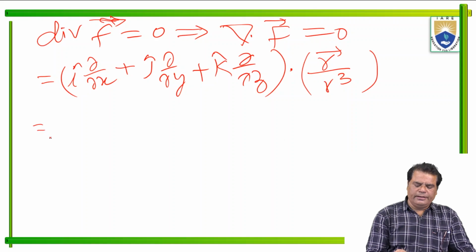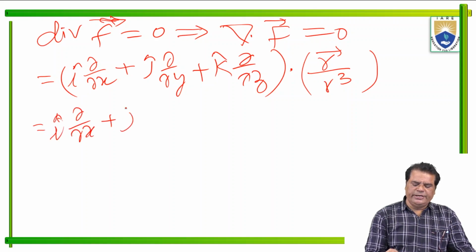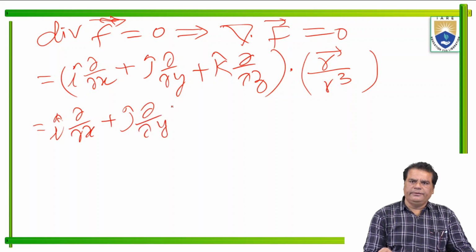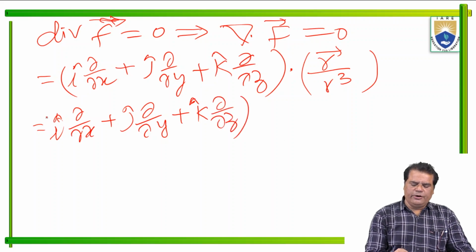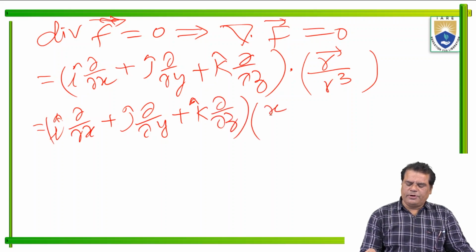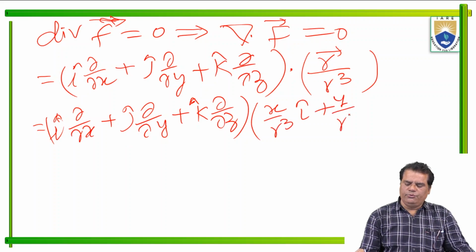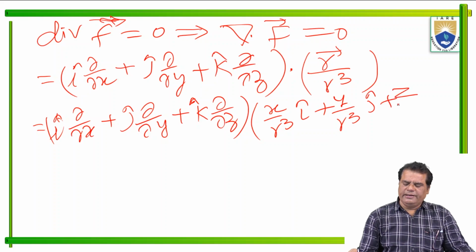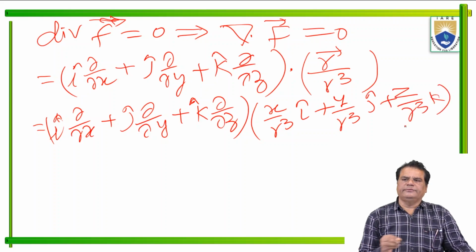Now in here i ∂/∂x plus j ∂/∂y plus k ∂/∂z, and now here x upon r cube i, y upon r cube j, z upon r cube k.